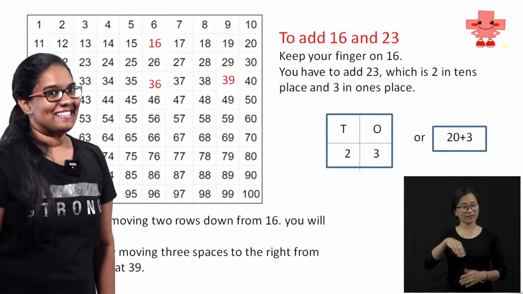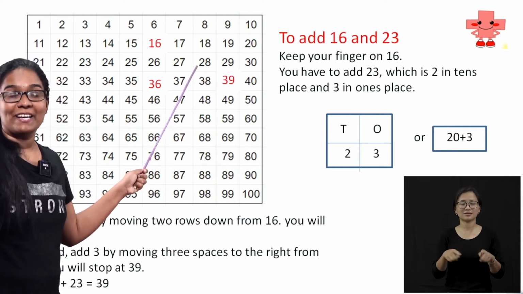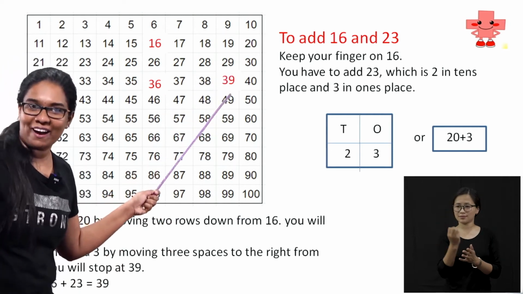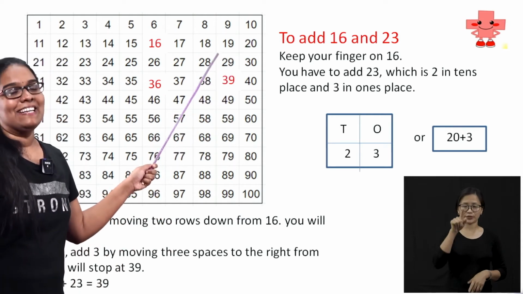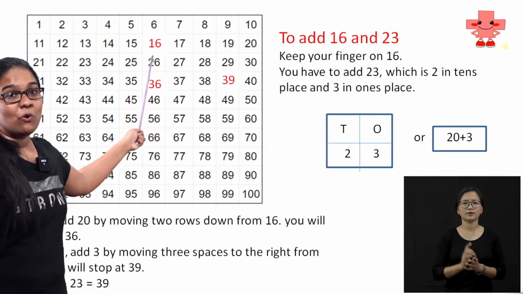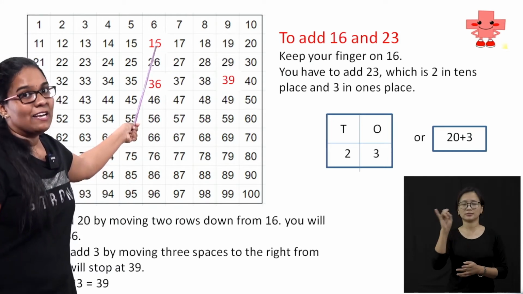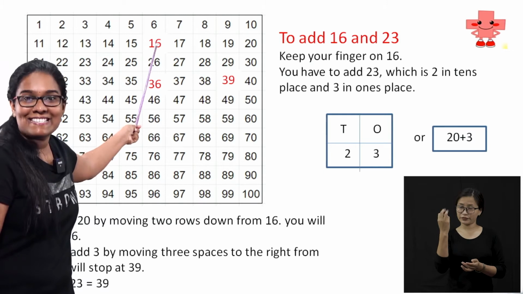Now let's learn how to add 16 and 23 by using a number square. For that, first keep your finger on 16.